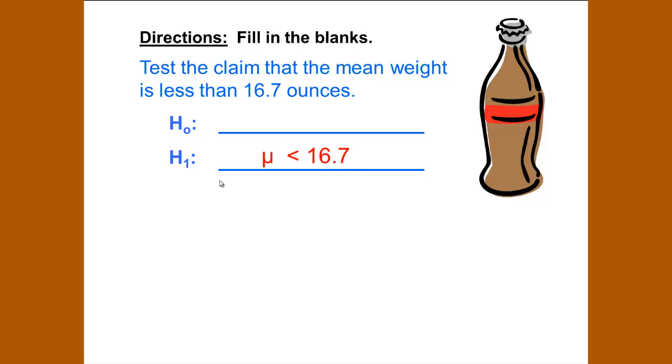It does not contain the condition of equality. There's no equal to in that statement. So it needs to go into the alternate. So that's mu less than 16.7. Our H0 then is the opposite of being less than 16.7, which would be mu greater than or equal to 16.7.